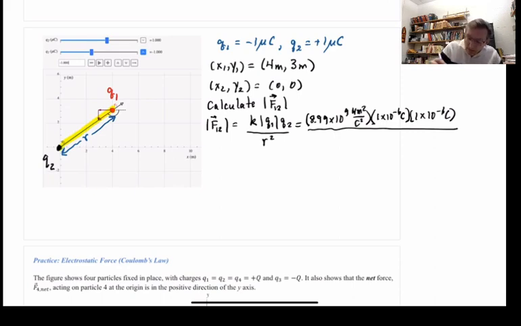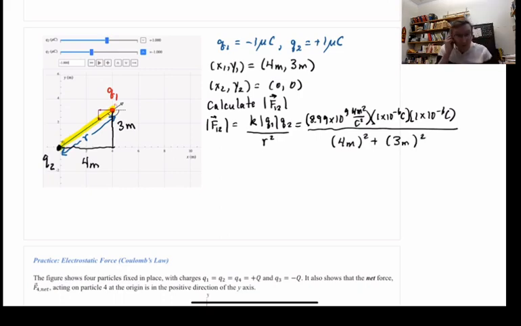Well, remember, I know that is 4 meters along x, and that along y is 3. So I think Pythagoras would enable me to get r squared, wouldn't it? It will be 4 meters squared plus 3 meters squared. Notice it's r squared, not r. And you can put those numbers in your calculators. You need to be able to do that.